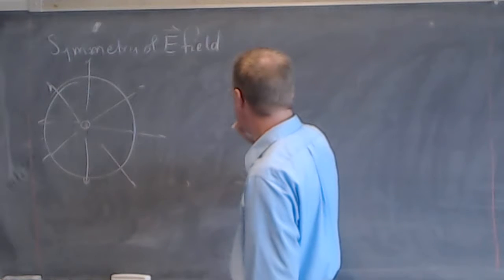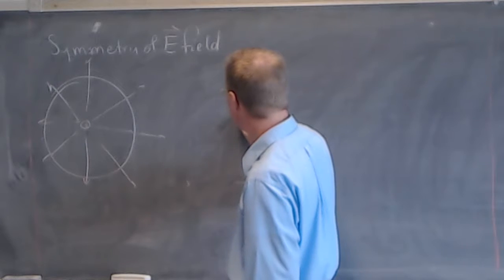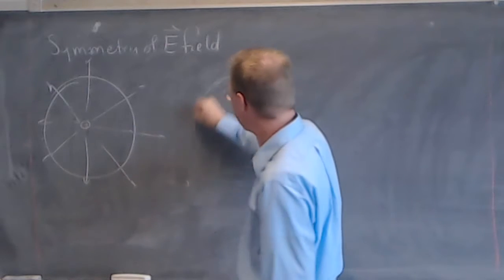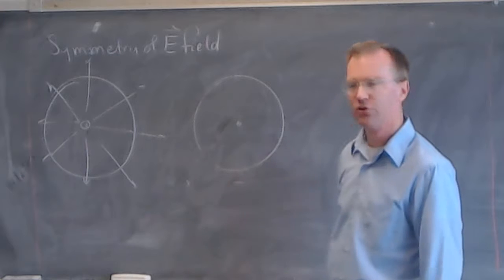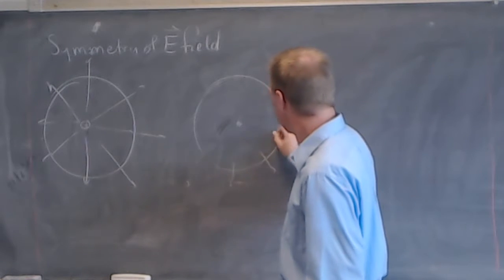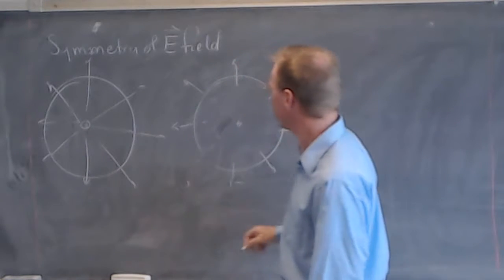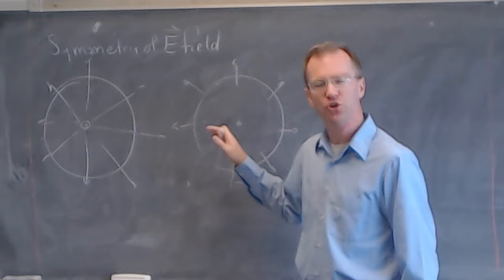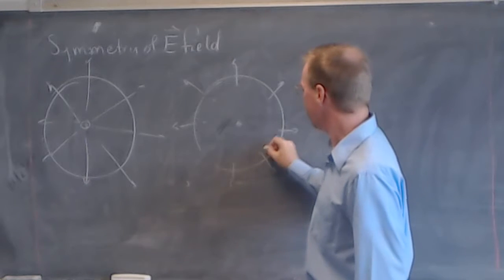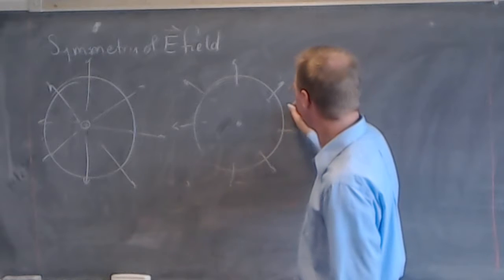If I have a charge inside here, I'm going to draw a sphere centered on that charge, and I would know that the electric field lines must come out perpendicular to the surface of this imaginary sphere at every point. Because they can't cross, for one thing.